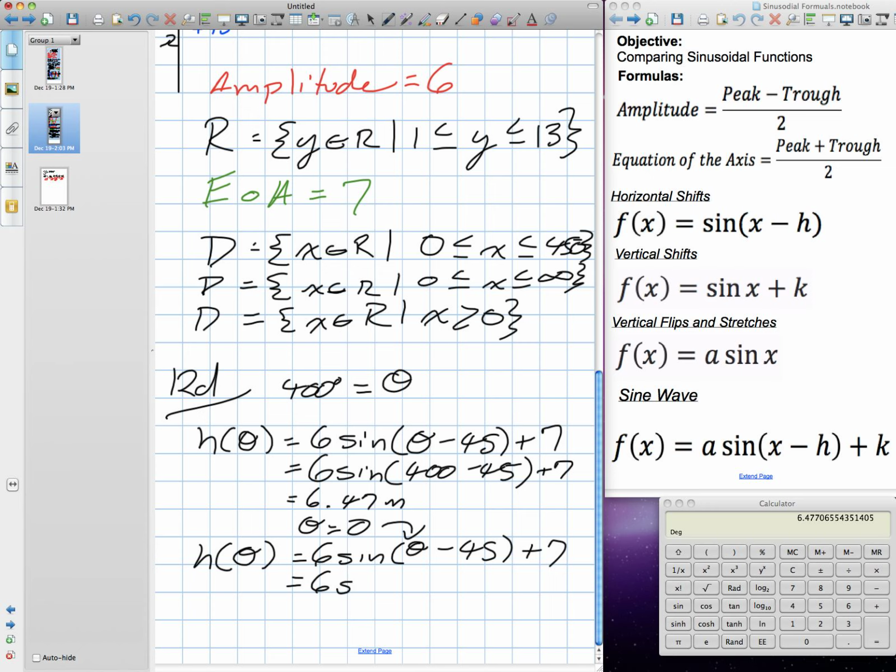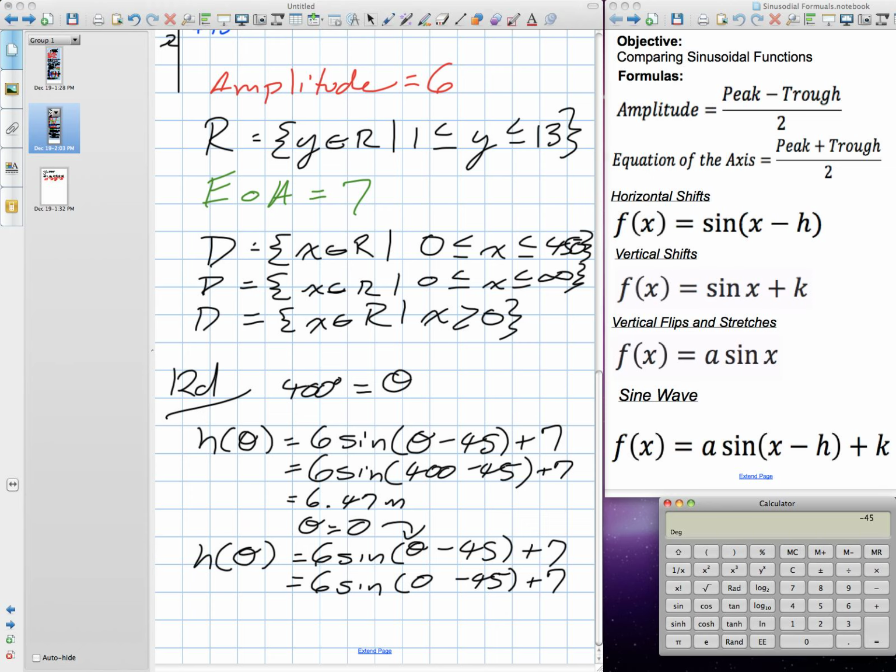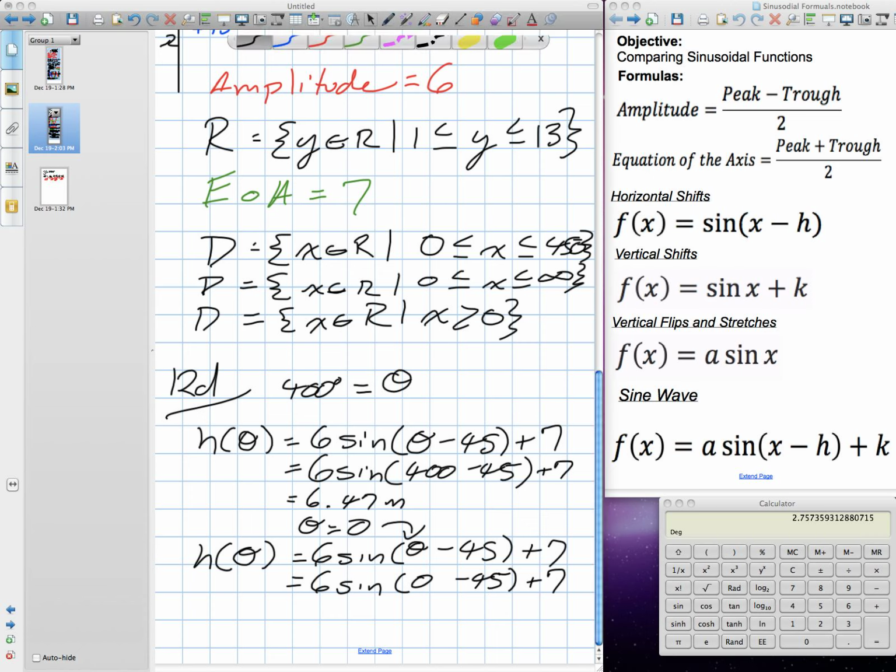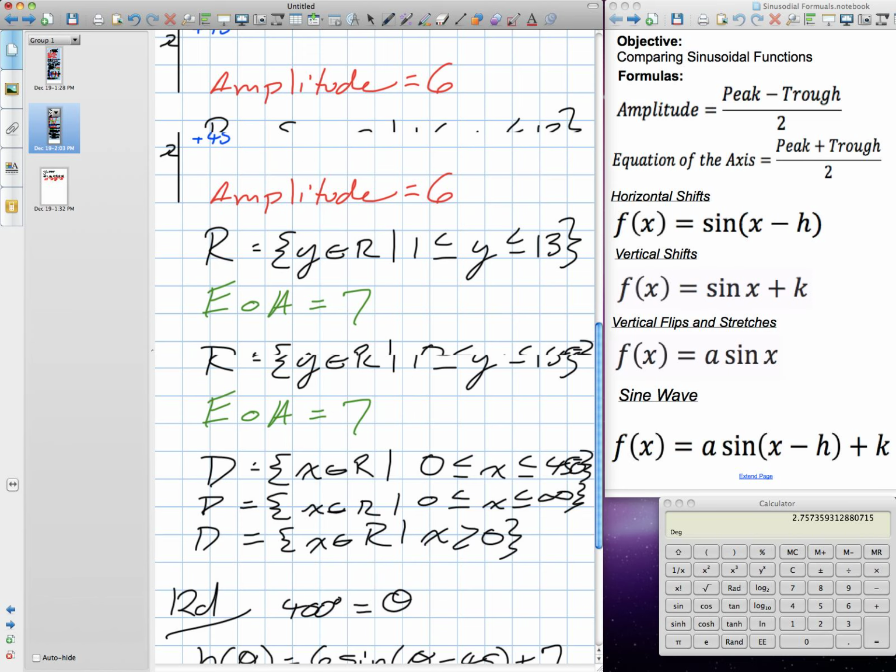So we get 6 sin(0 − 45) + 7. To solve this one, 0 subtract 45 gives us negative 45. Sine function times 6 plus 7. That is the height. So when you get on this ride, you're starting 2.75 meters above the ground.